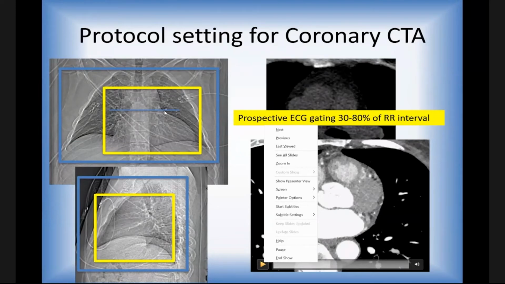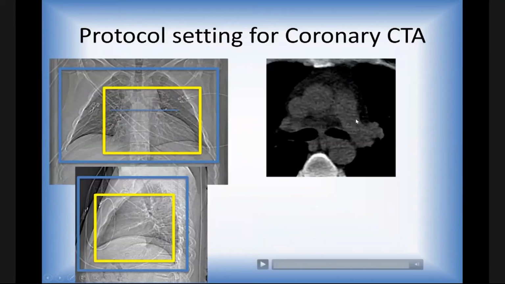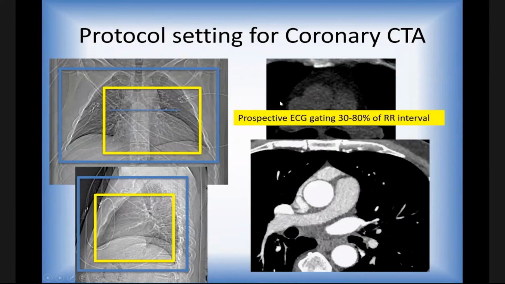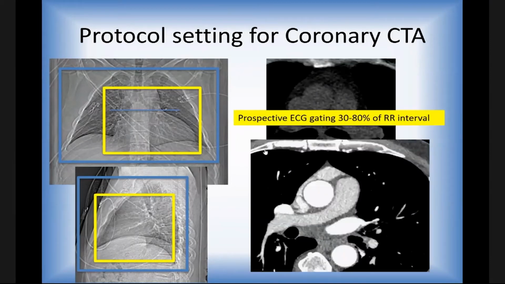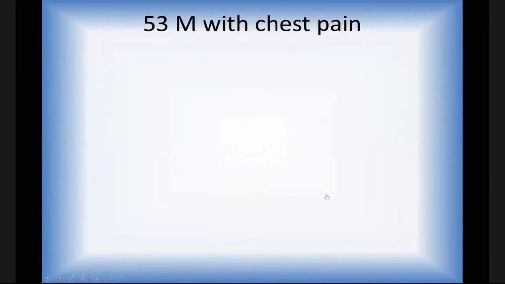And then the same tracking area here, so we use the ascending or descending aorta. People try to use the descending aorta because they want to avoid the contrast from the SVC that can cause streak artifact in the ascending aorta here.